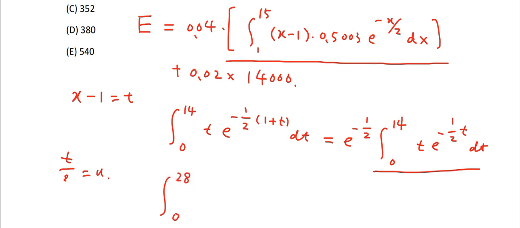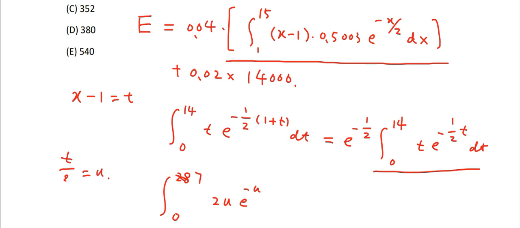Let t over 2 equal u, or t equal 2u. Sorry, when t equals 14, u equals 7. So t equals 2u, and dt is 2 du, with e to the negative u du.